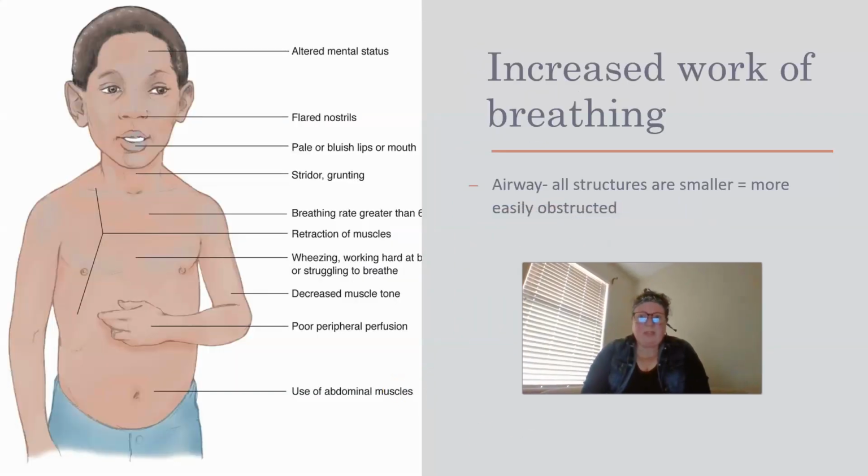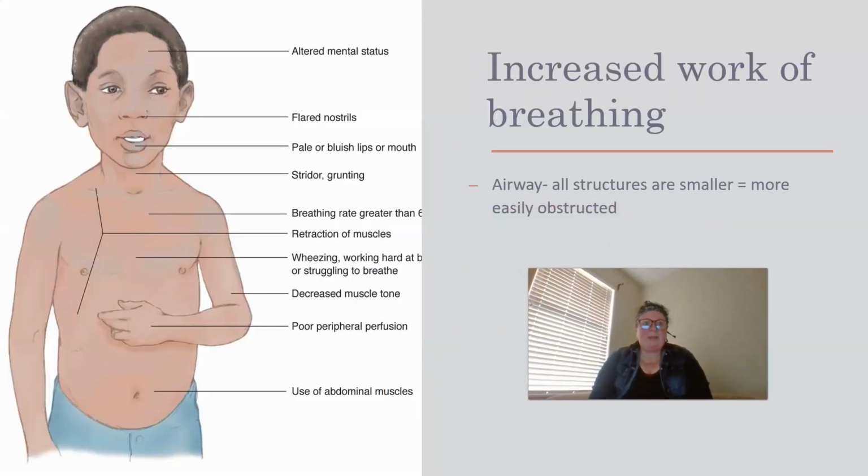Okay, so when we're looking at our work of breathing, these are the things we're going to look at. Altered mental status would really be a late sign, and it would be when we see patients who aren't getting enough oxygen to their brain. That is a very ominous sign.